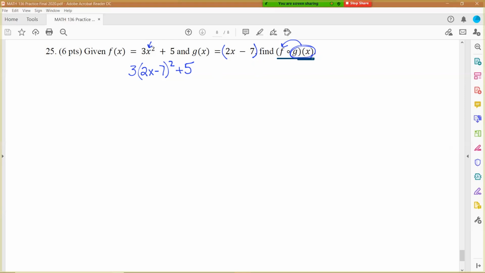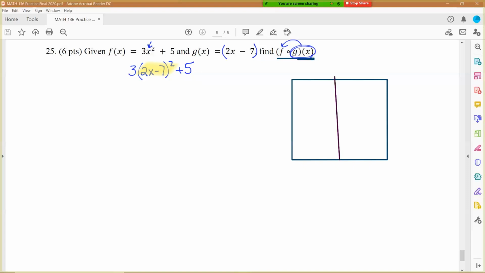We're not going to do anything with the 3. So looking just at this right here, that set of parentheses is being squared. How can I get rid of that set of parentheses being squared? I'm going to box it. I'm going to multiply it by itself. I'm going to take 2x minus 7 times 2x minus 7.